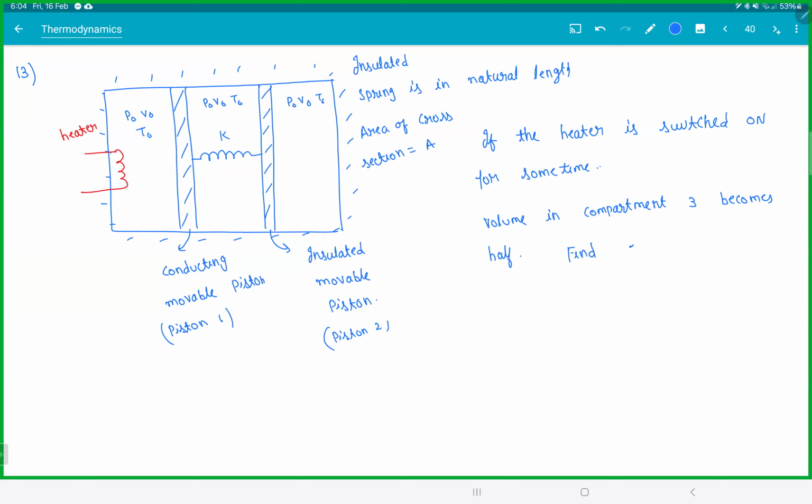Find the final temperatures and the heat supplied. Just write the equations. We can't solve it, meaning there are just too many variables. Let's take it as some helium gas.